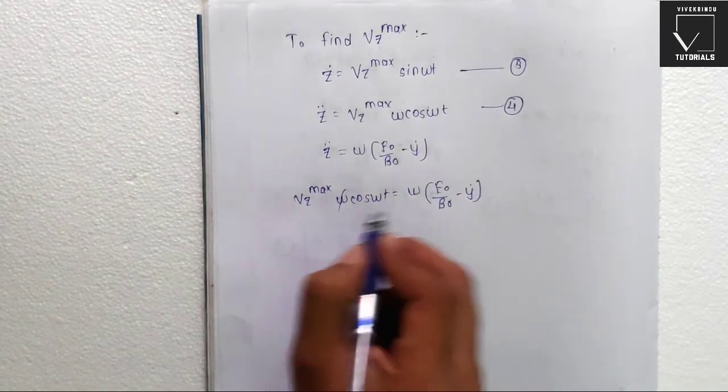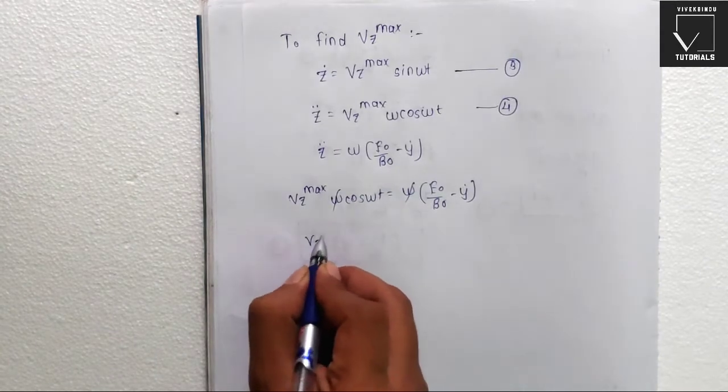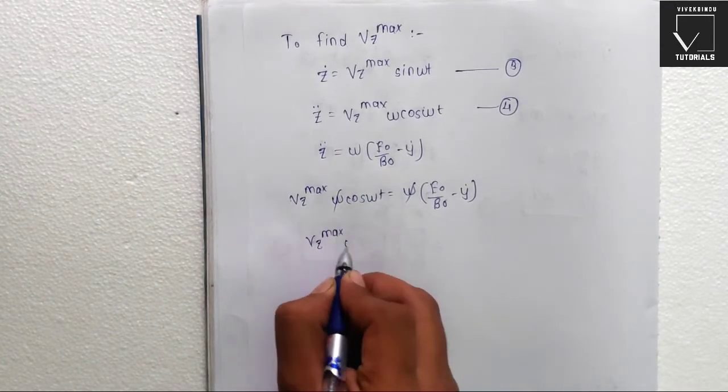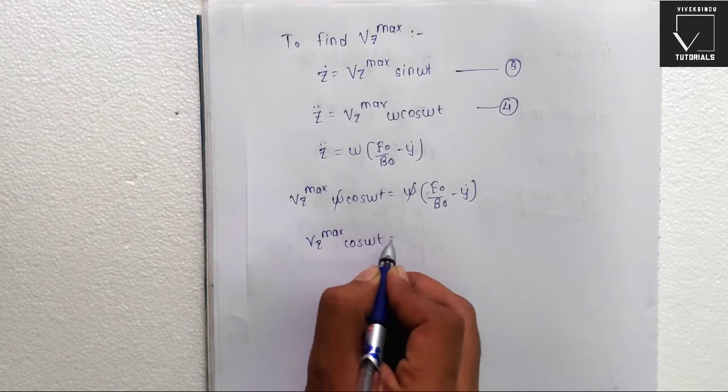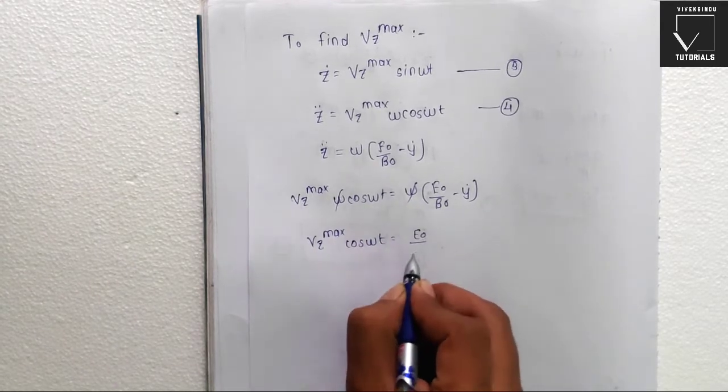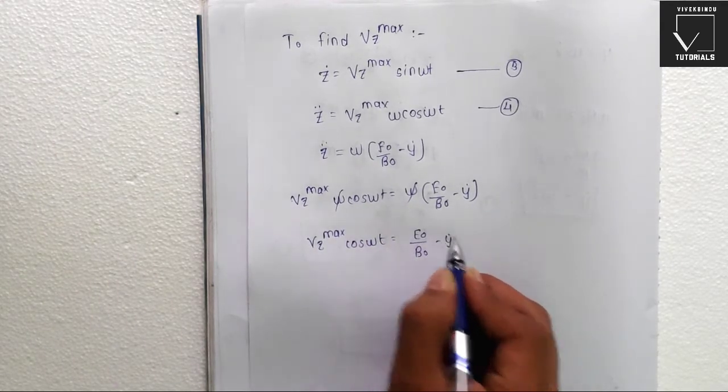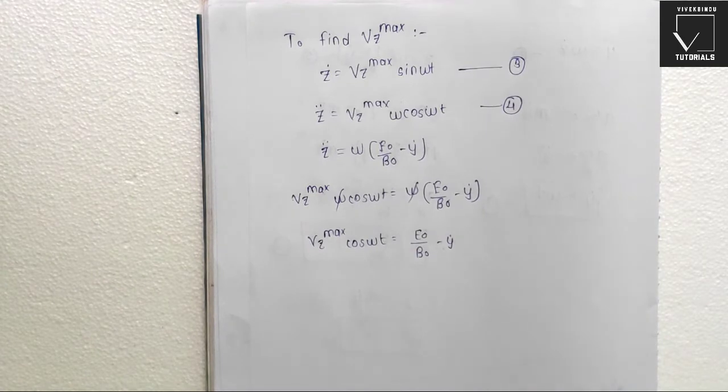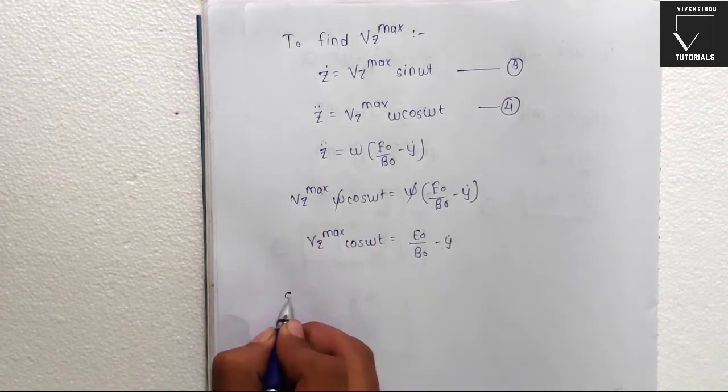So here omega gets cancelled, and vz max cos omega t is equal to e0 upon b0 minus y dot. So from this equation we can calculate the value of vz max. So for that, let's consider the case at t is equal to 0.